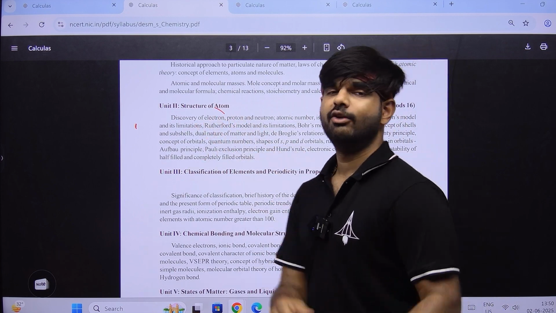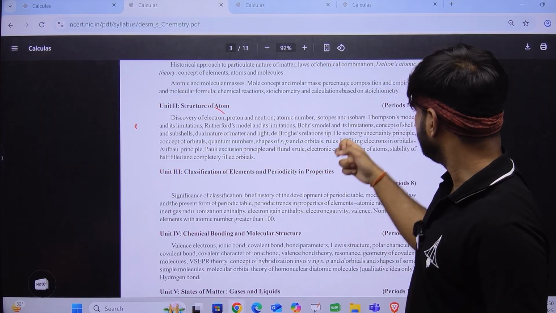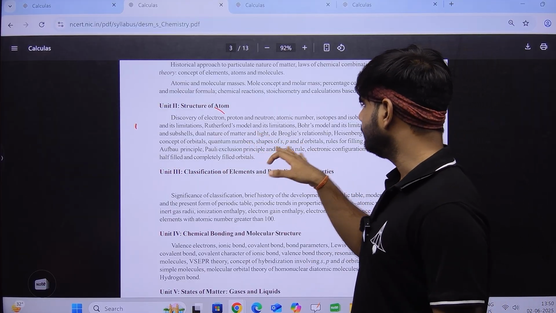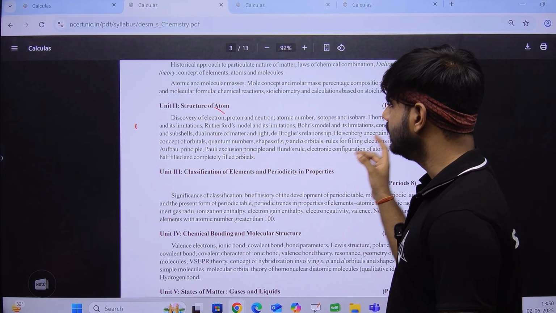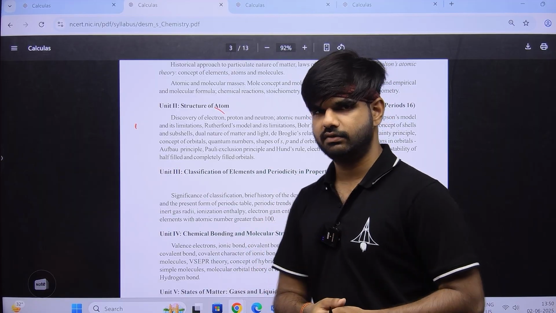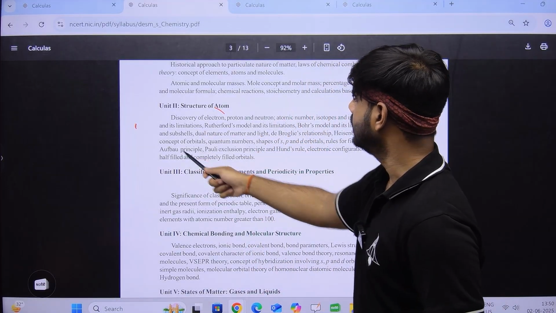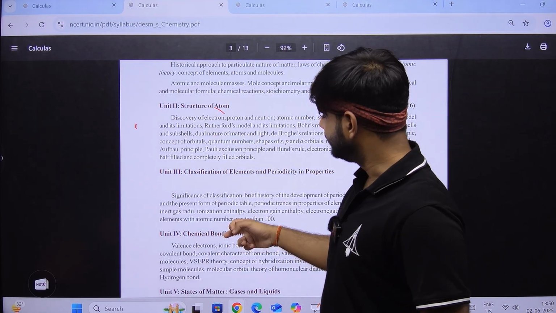Structure of atom, very important chapters. Okay, you might see a lot of questions coming from uncertainty principle, shapes of orbitals, quantum numbers, Pauli exclusion principle, right? Especially the quantum chemistry part or the Bohr atomic part we see is what belongs to this as well, and a lot of questions have been asked from this chapter as well.